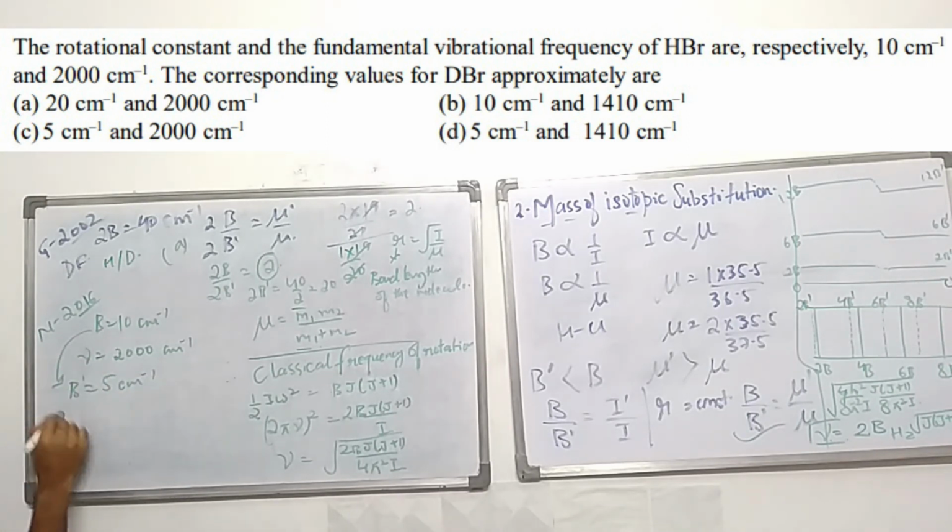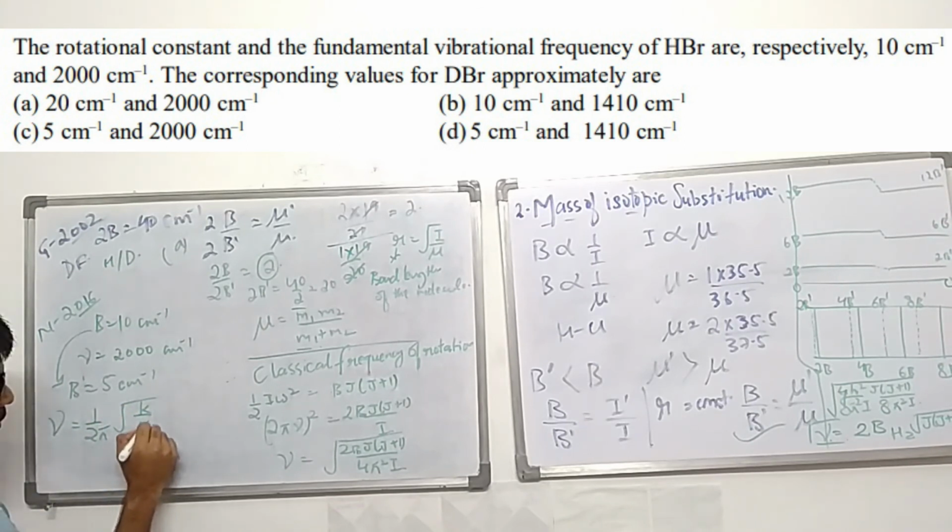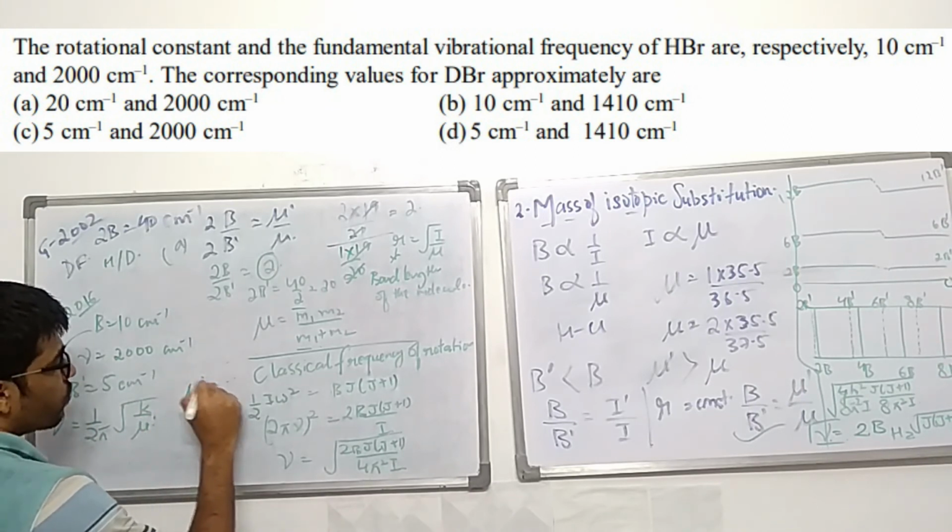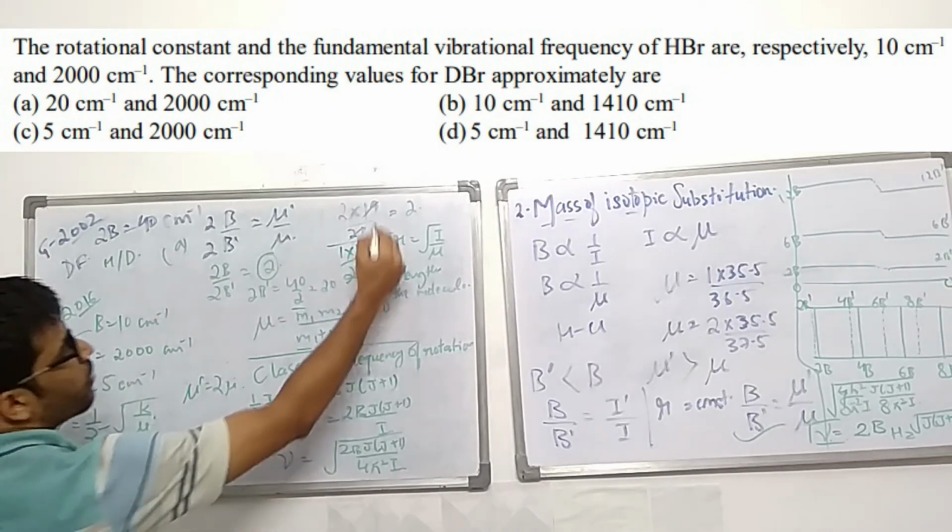But for mu, the formula for vibrational frequency is 1 by 2 pi under root k by mu. Now if I substitute this by mu dash, what will happen? Now mu dash is equal to 2 into mu, you get from here.